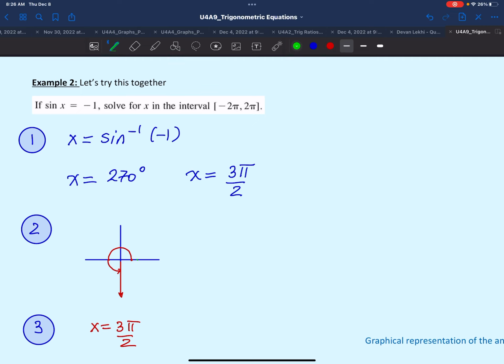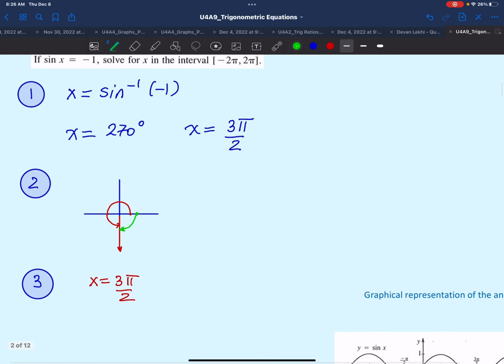Starting from the positive x-axis always, this time we're going down, or clockwise. And we stop where we hit the terminal arm, and we see that we have landed at negative pi over 2. So x equals negative pi over 2 would be our second solution.